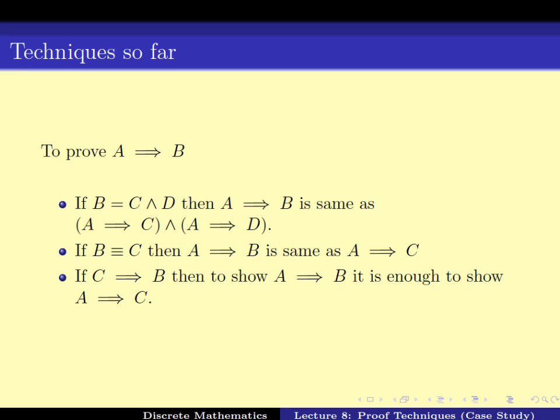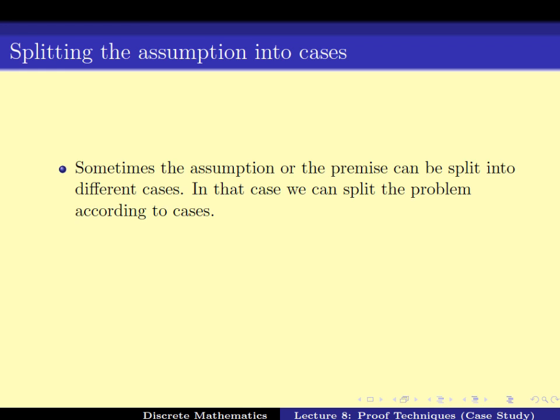Now in the rest of the video, I will be going into a new way of splitting the problem. This depends on splitting it according to the assumptions. So in other words, sometimes the assumptions can be split into different cases. And in that case, we will be able to split it up into smaller problems.